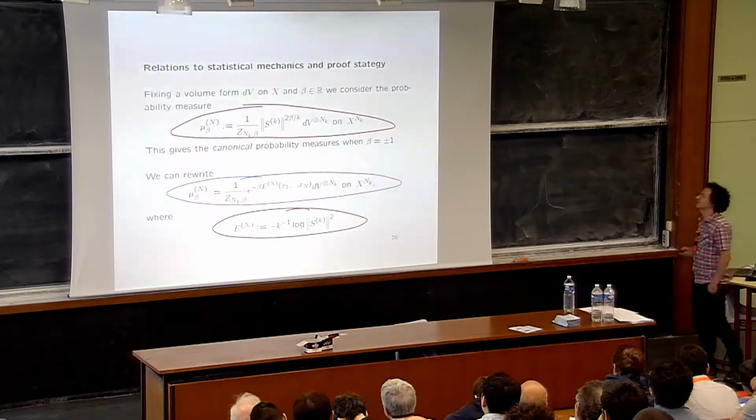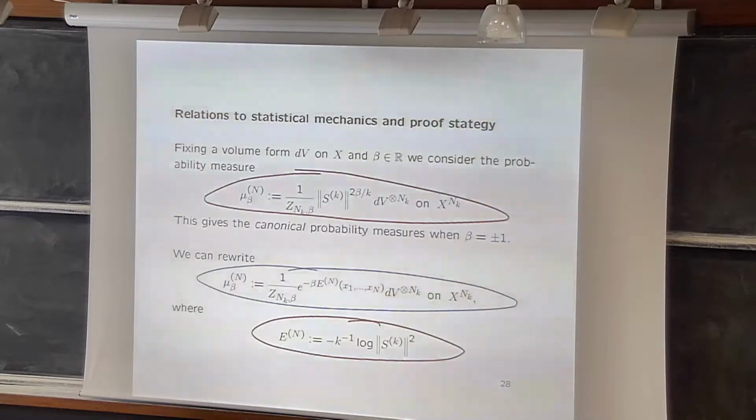Okay, so what's the relation to statistical mechanics? Because there is such a relation, and that is really part of the proof strategy. As I said, we can always fix a background volume form. And then, in a very general situation, let's fix some real number beta and look at this probability measure, if it's well defined.